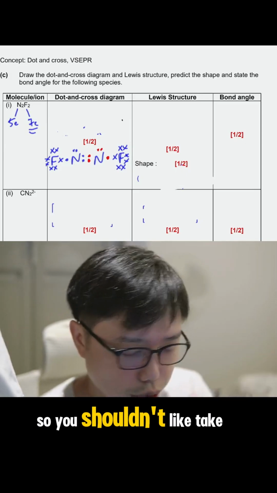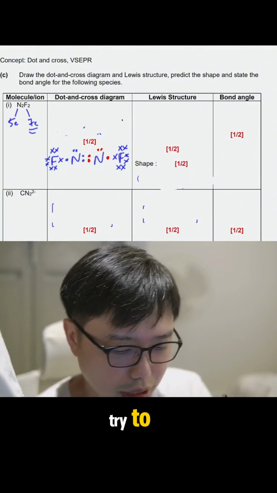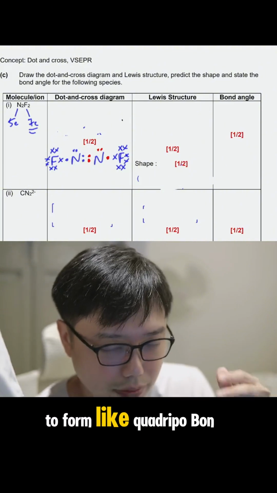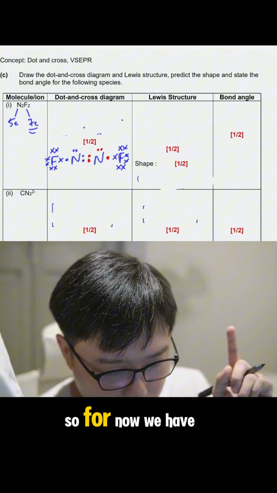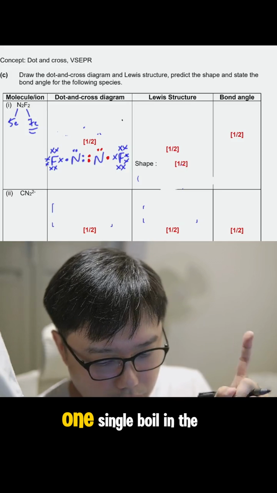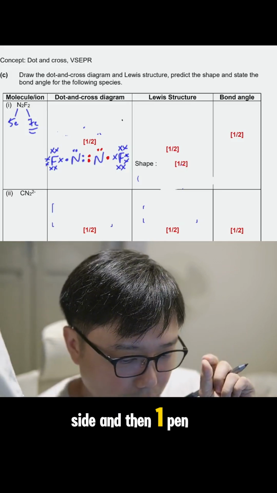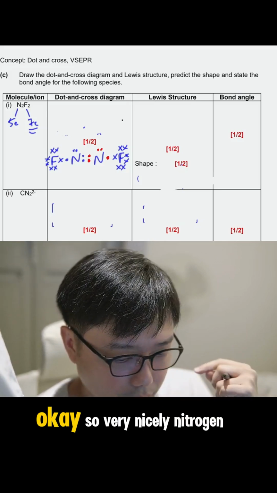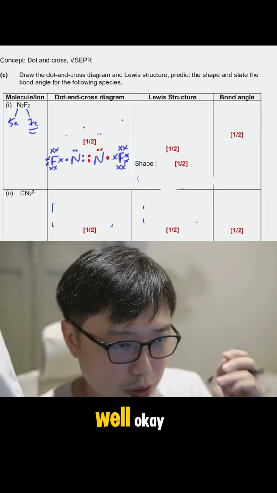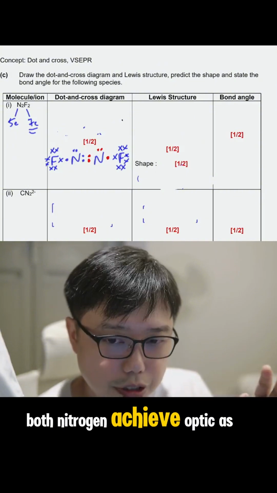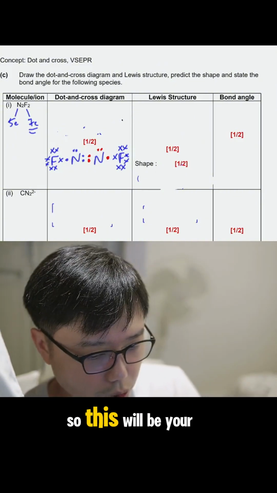So you shouldn't take all 4 electrons and try to form a quadruple bond, whatever that is. So now we have 1 double bond in the middle, 1 single bond at the side, and 1 lone pair. Very nicely, both nitrogen achieve octet as well. So this will be your dot and cross.